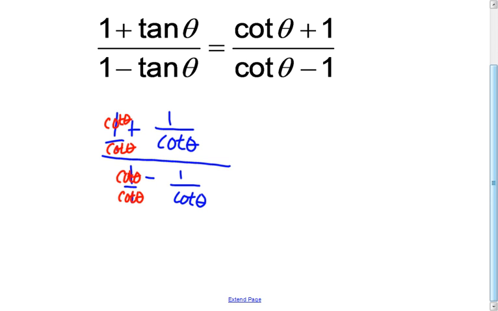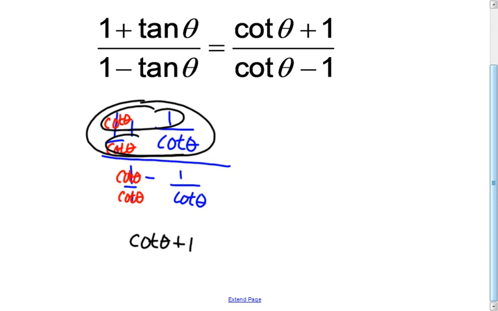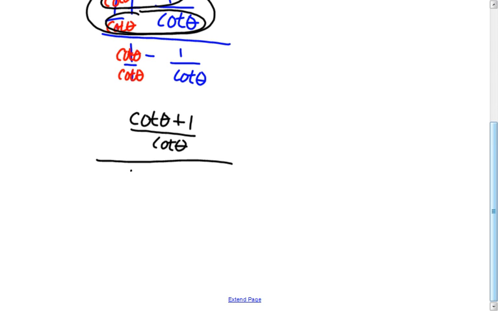Okay, and then what I will have up top, right here, is cotangent plus 1 on the top, and then my common denominator right here is cotangent. The bottom will be the same except for there's a minus sign in between. Okay, so now I've got my numerator as 1 fraction, my denominator is 1 fraction, and at this point now I can flip it.